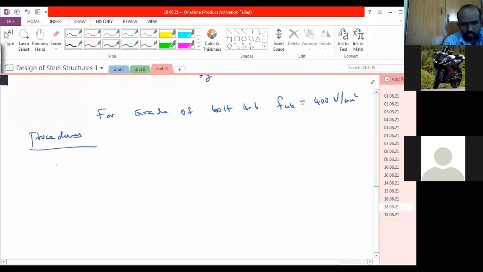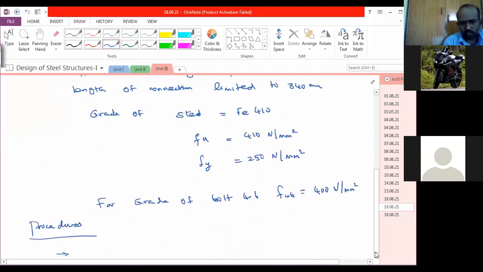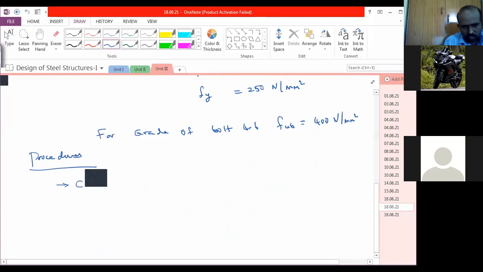So first of all, what needs to be done, anyone? First of all, I will write the overall general perspective here, then you will understand the in-depth calculations better. First of all, the design load is given and the gross area we don't know. That means calculation of gross area based on the design load.